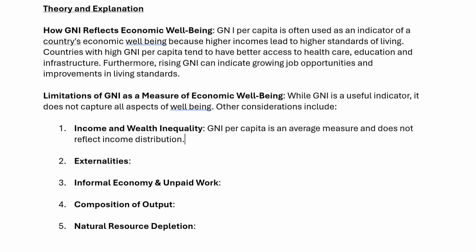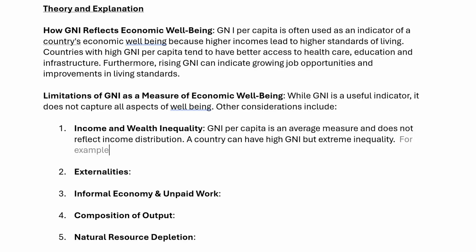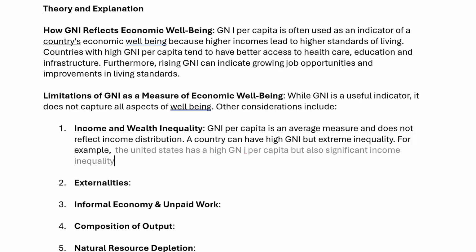A country can have high GNI, but extreme inequality. For example, the United States has a high GNI per capita, but also significant income inequality, with wealth concentrated among the top 1%.